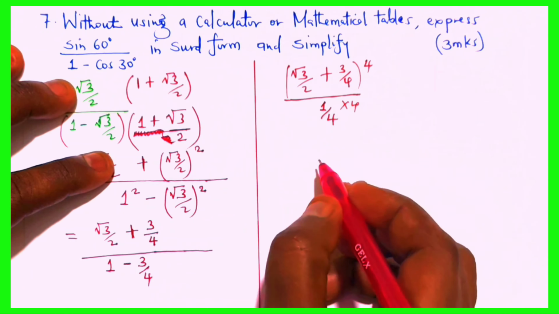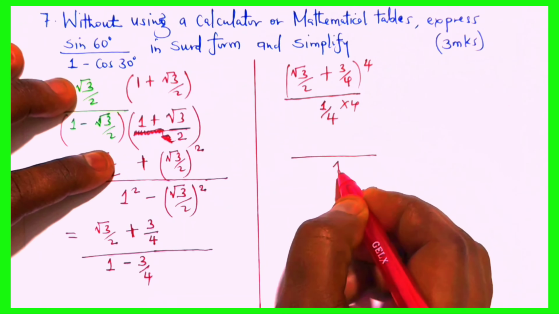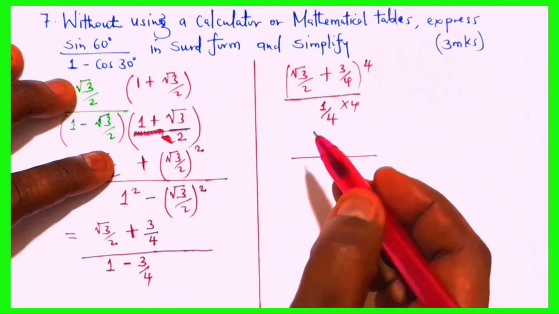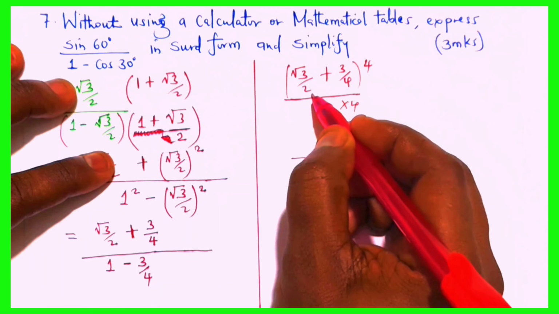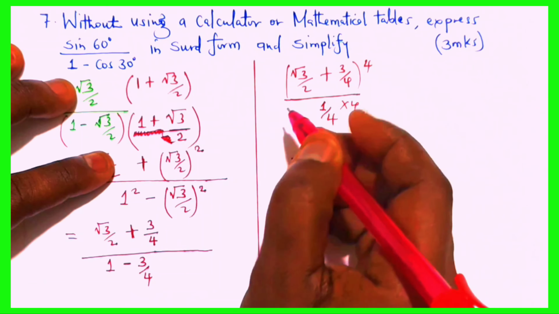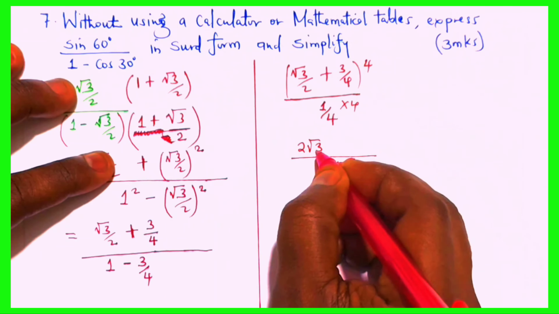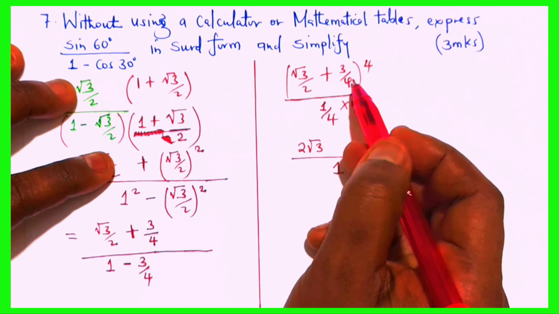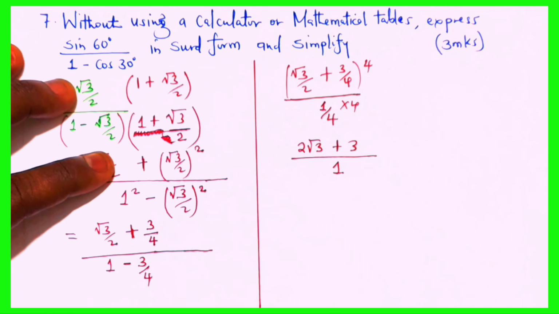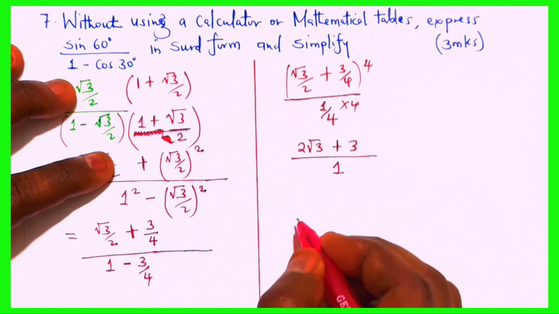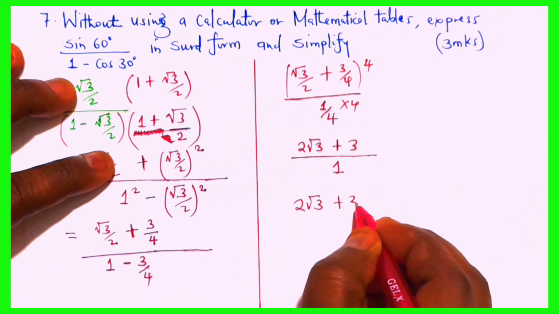So on the denominator side, we'll end up having 1 over 1, and on the numerator side, if I take 4 by 2, 1 by 2, 2, here I'll end up having 2 root 3, and then here 4 will cancel. I'll end up having plus 3, and therefore my final answer will simply be 2 root 3 plus 3.